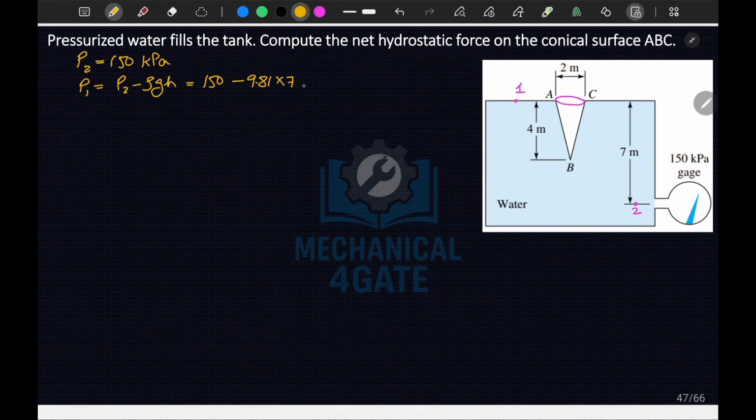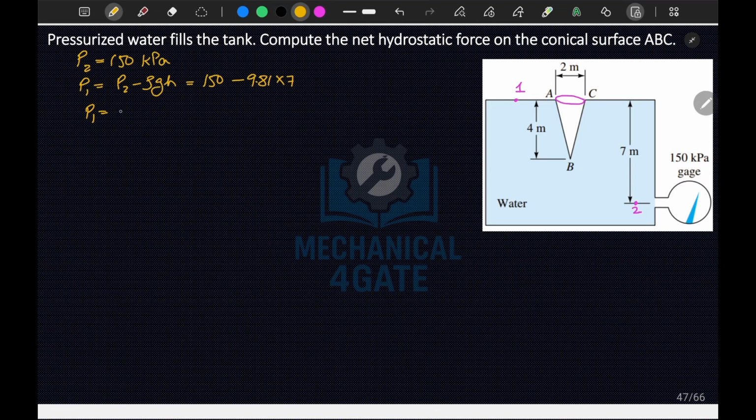Okay, and if you solve this, 150 minus 9.81 into 7, this should come out to be 81.33. Okay, so this is P1.